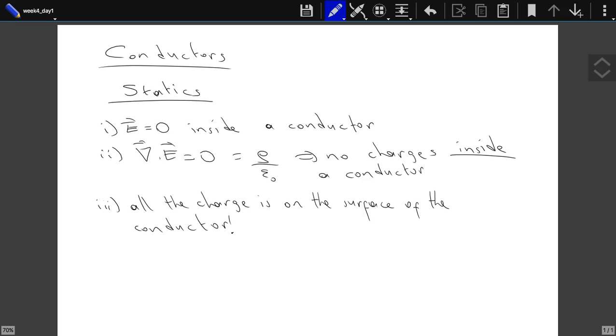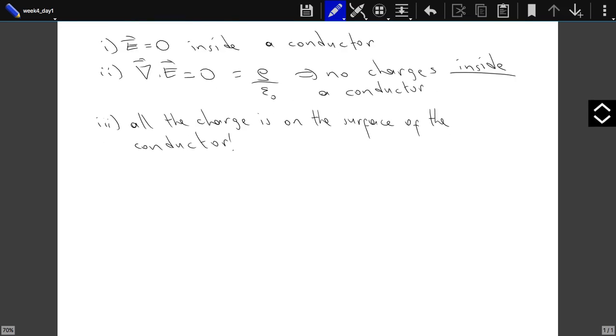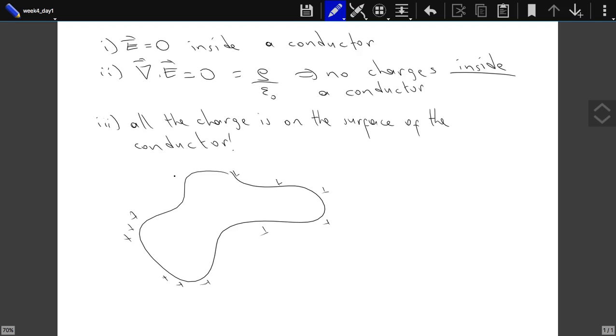And this surface can be inside the conductor or outside the conductor, so it doesn't really have to be only outside. This is an example of a conductor. If we put some positive charge over there, the positive charge will go to the surface, and there won't be any charge inside.